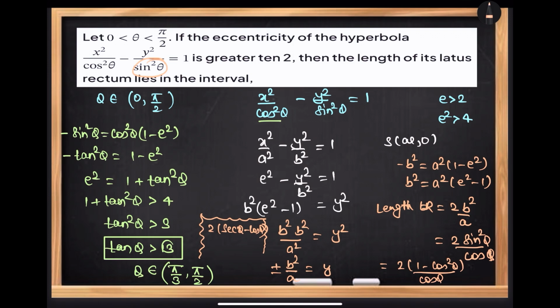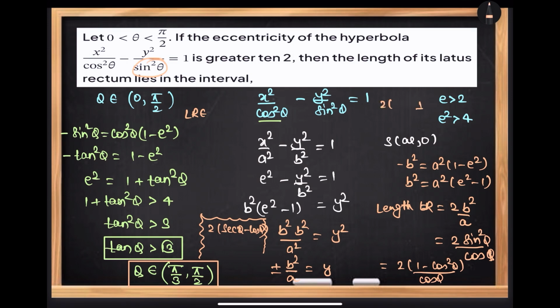Correct or wrong? Now you know that you have to move along this, meaning theta is 60 degree to 90 degree. So LR belongs to — suppose that theta is 60 degree. So sec 60 is the reciprocal of cos 60. So it was 2 times (2 minus 1 by 2)?